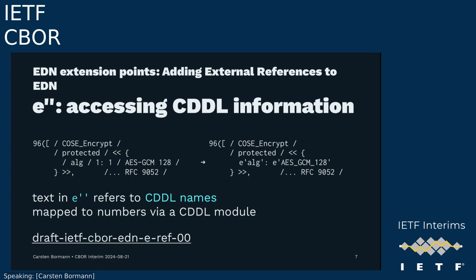So this is the ref thing, but I'm going to talk about E for the moment. Now, the interesting thing about E is that this is an extension. It's not part of EDN base, it's an extension.